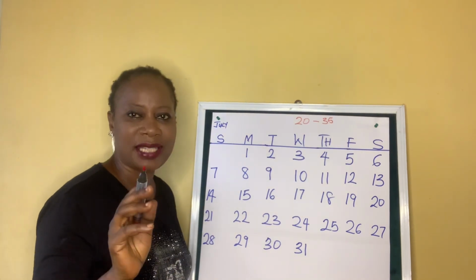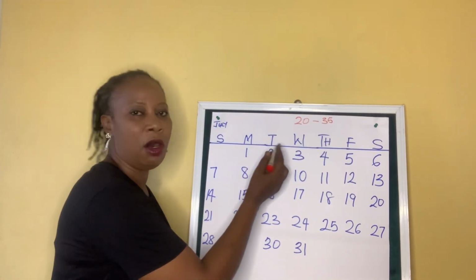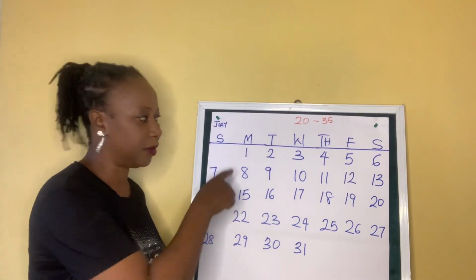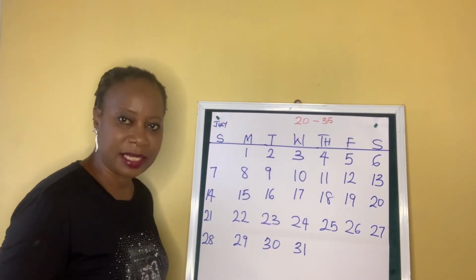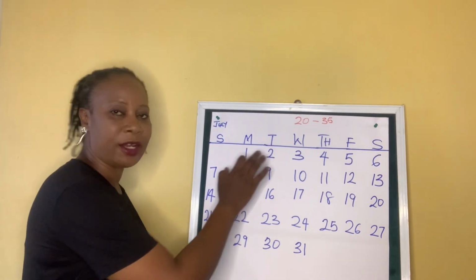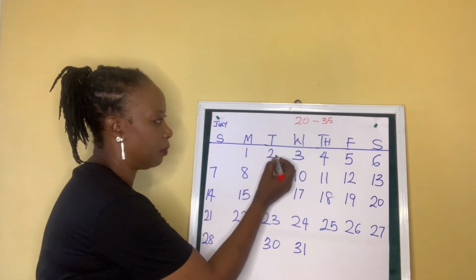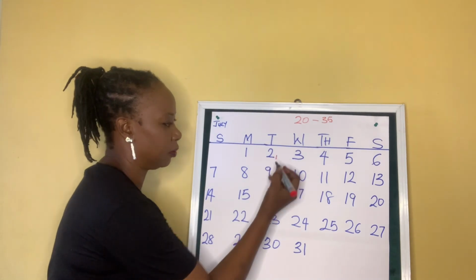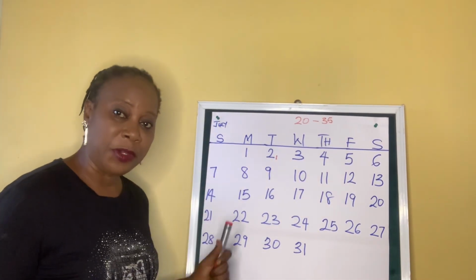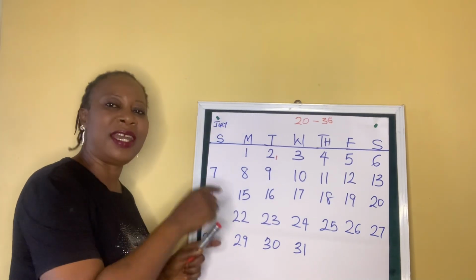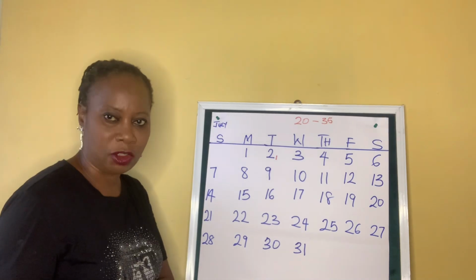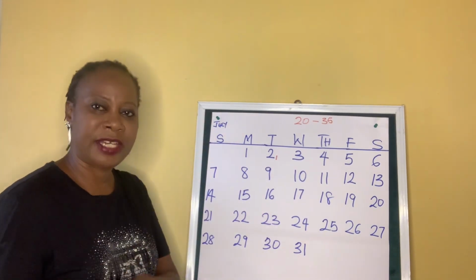Let's say my period started on the 2nd. I'm using the month of July as an example. So let's say my period started on the 2nd. The length of your cycle is counted from the first day of your period to a day before the beginning of your next period.